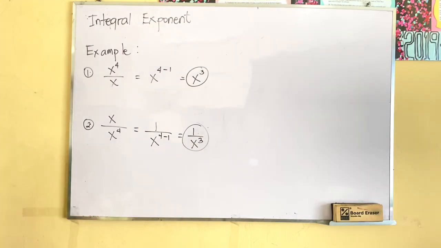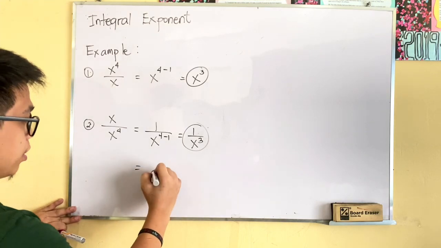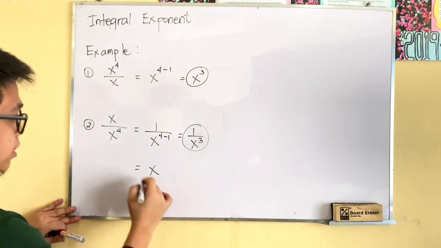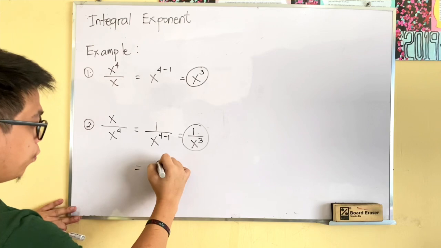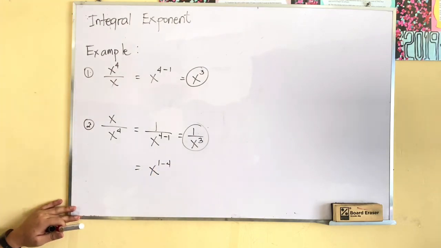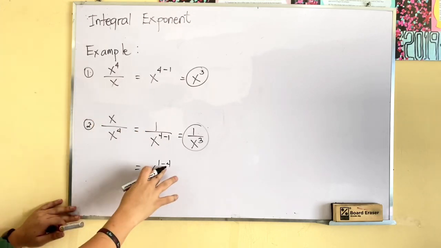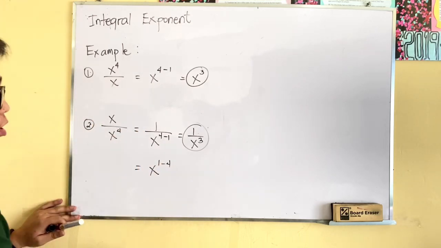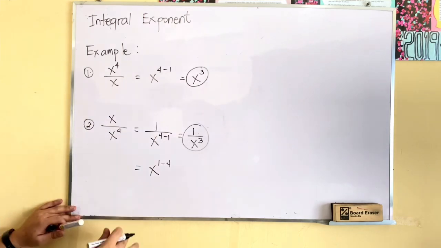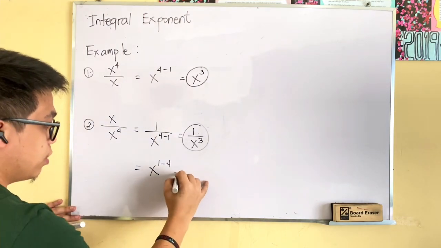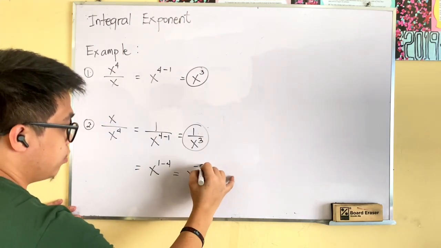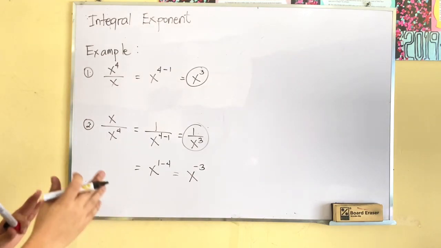Here, we can have another solution. We can keep the base on top, but the exponent becomes 1 minus 4, because the 1 is on top, then we subtract the exponent in the denominator. It's just like what we did here. So, our answer is x raised to negative 3.